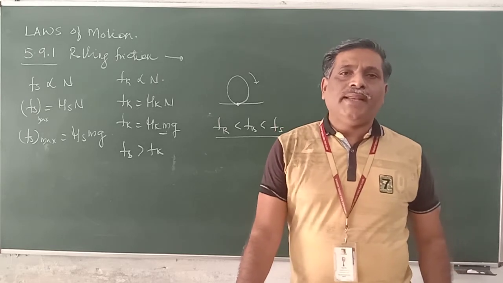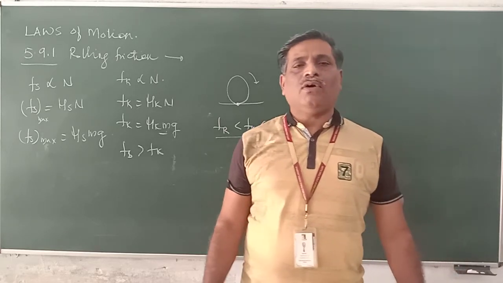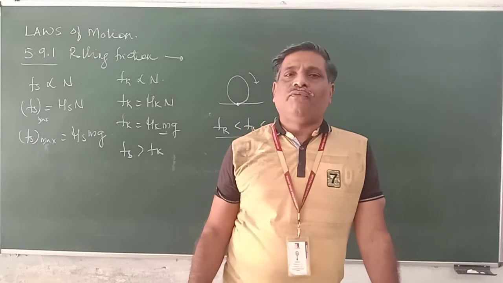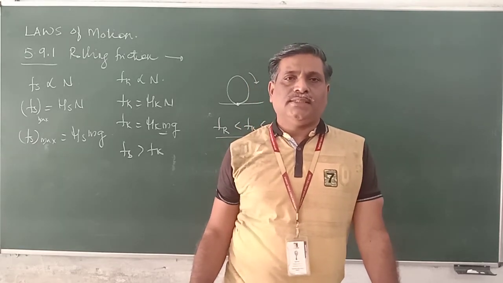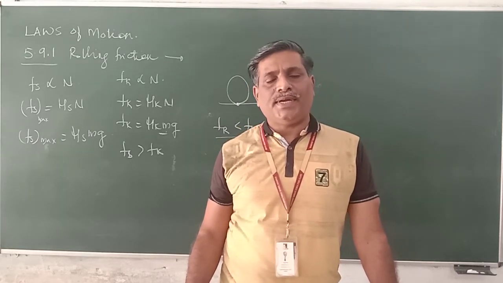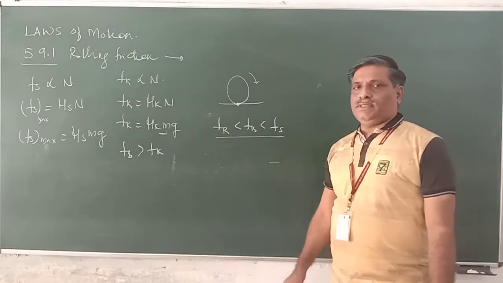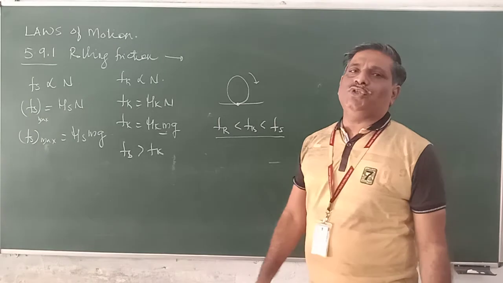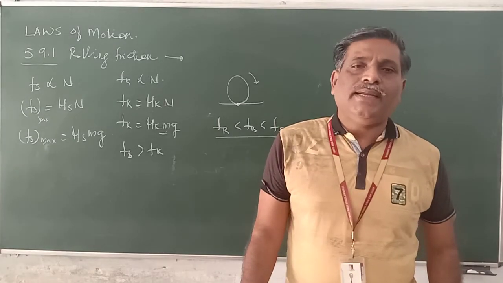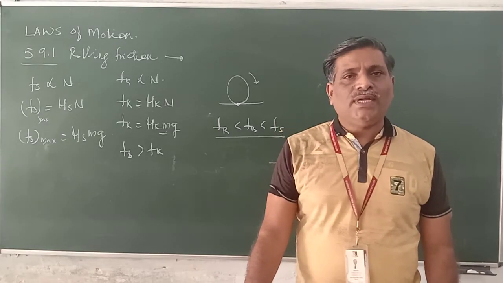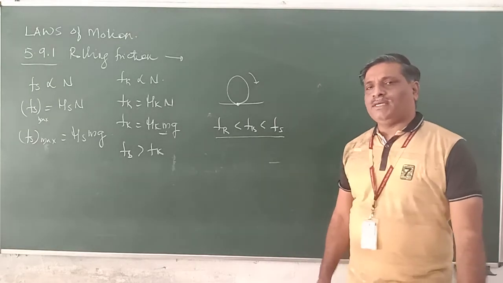In the beginning itself we studied that because of relative motion, the force which arises between two surfaces in contact is called the force of friction. No relative motion, therefore ideally speaking it should be zero. But practically, it is not. And rolling friction is minimum amongst all these three.